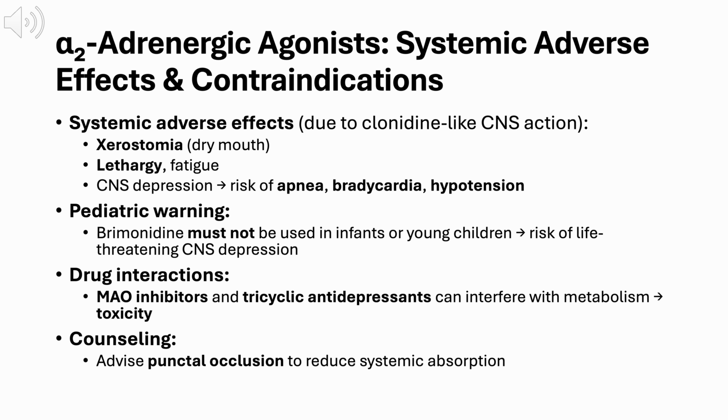In pediatrics, brimonidine must not be used in infants or young children since it can cause life-threatening central nervous system depression. Drug interactions are another concern. MAO inhibitors and tricyclic antidepressants can interfere with the metabolism of brimonidine, increasing the risk of toxicity. Finally, during patient counseling, it's important to advise punctal occlusion to help reduce systemic absorption and minimize these side effects.